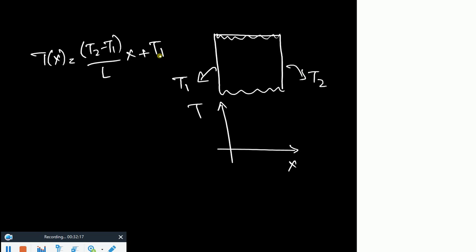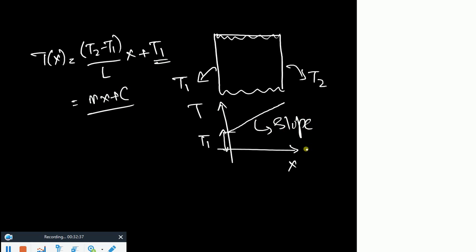So what kind of curve would you be getting? And where would it start from? This is the intercept. You remember? Equation of a line. And what would be the slope? Understood?